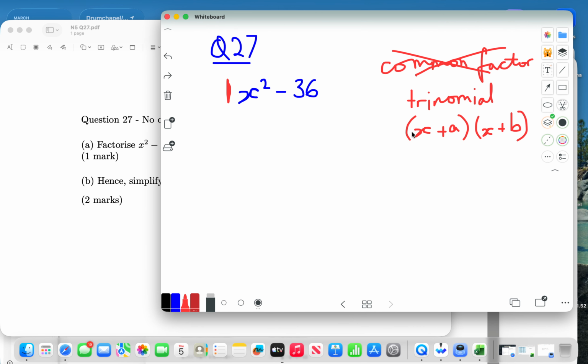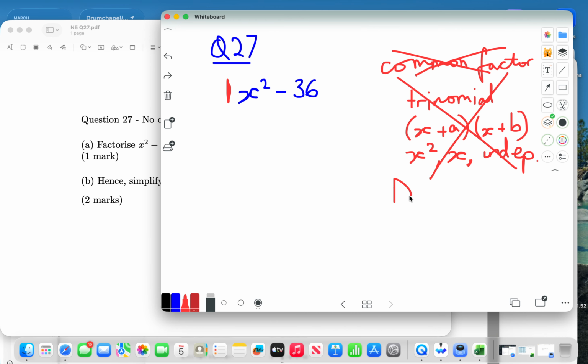But a trinomial must have an x squared term, an x term, and a term independent of x. Simply, a term independent of x means it's just a number, is the easiest way to put it. We have the x squared term, we have the term independent of x, but we don't have a term in just x. So it's not a trinomial.